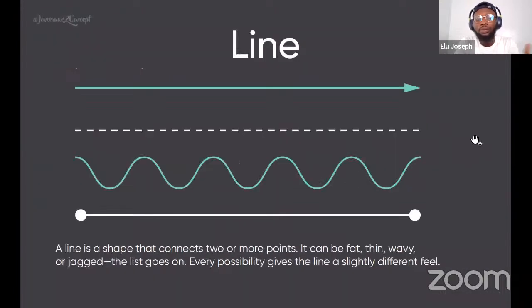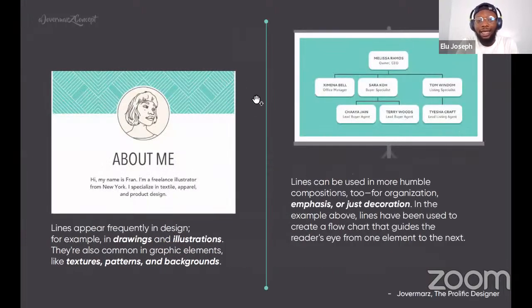I said that. Then lines, I told you how lines are two dots connecting each other from one point to another. It can be wavy, it can be thick, it can be thin, it can be rough, it can be sharp. It can be used for patterns, illustrations, drawings, textures, and it can help to create emphasis as well. And it can be used for decoration.